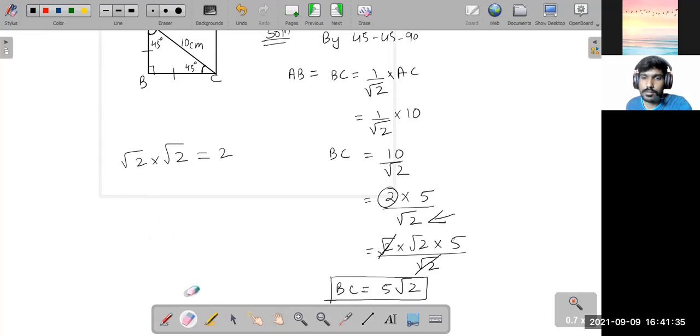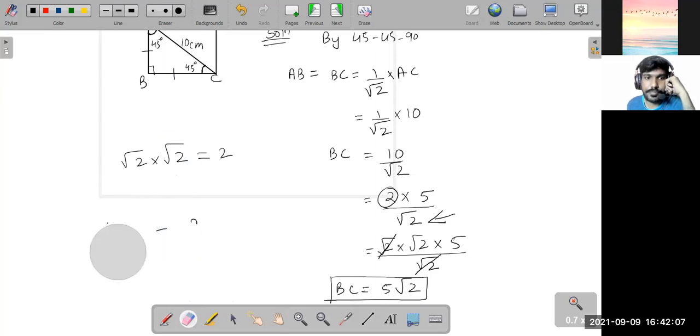No, but root 2 is like 2 into 2. Root 2 is like root 4. Root 4 is 2. Square root of 4 is 2. Root 2 is root 2 into root 2, which is root 4, and that is 2.